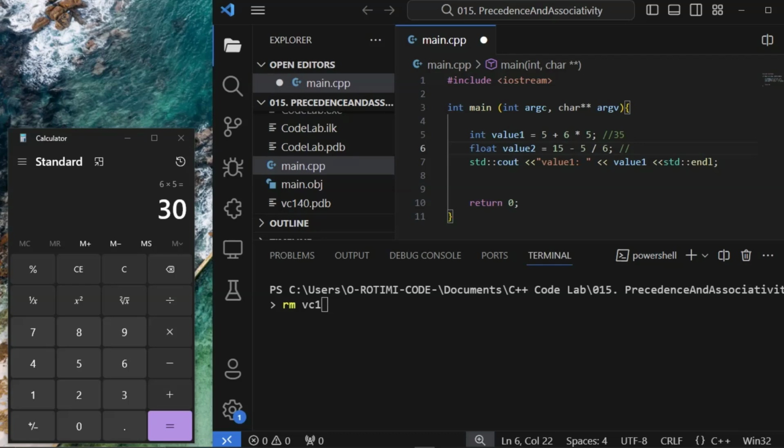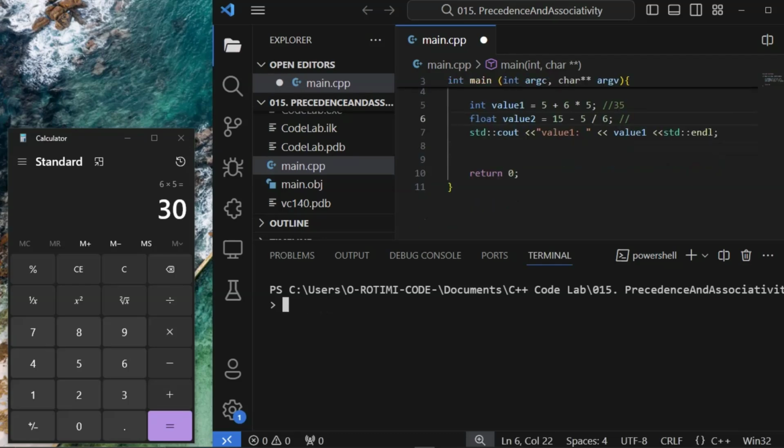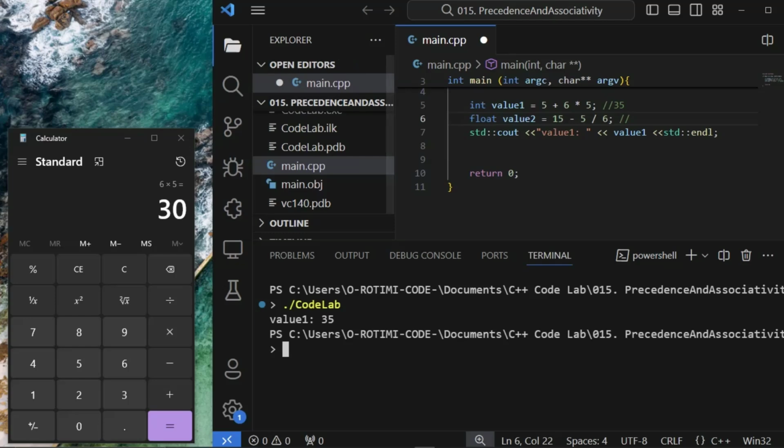So now let's just try and run our code. So the result should be 35. Okay, fine, the result is 35. So we have a result that follows the law of our precedence and associativity.